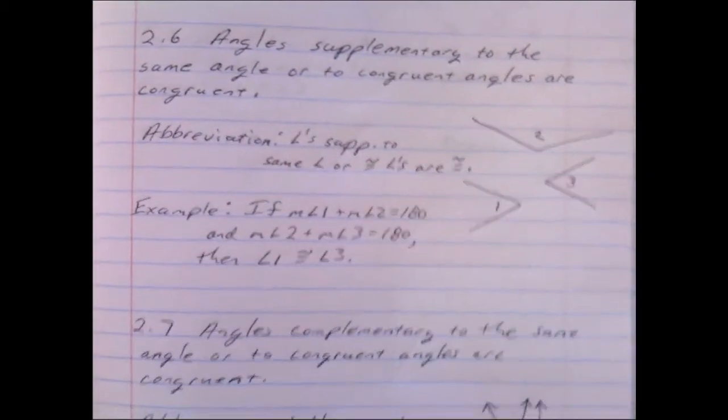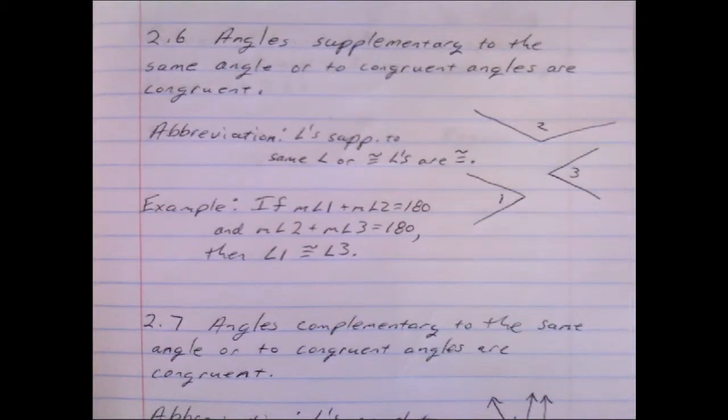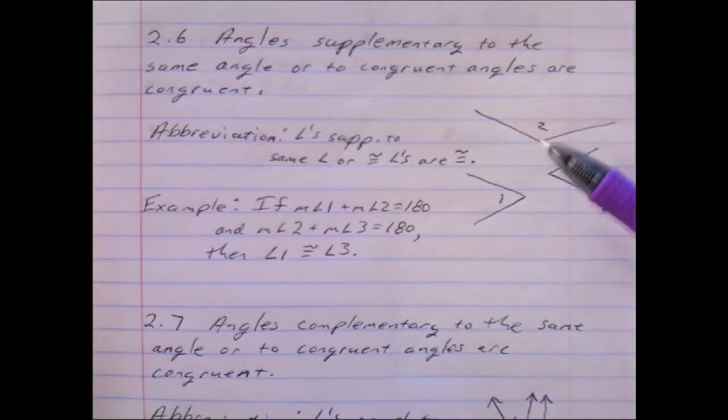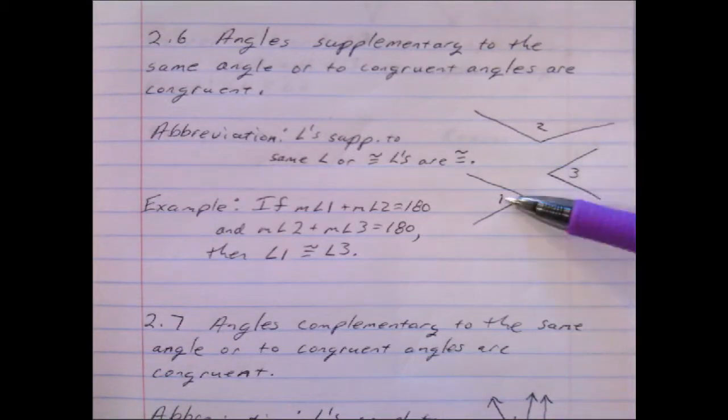Now we have our angles supplementary to the same angle or to congruent angles are congruent. So this is 2.6. We have two angles, angle 1 and angle 2, that are supplementary. And angle 2 and 3 are also supplementary, so they're both supplementary to angle 2. So then we know that 1 and 3 are congruent to each other.